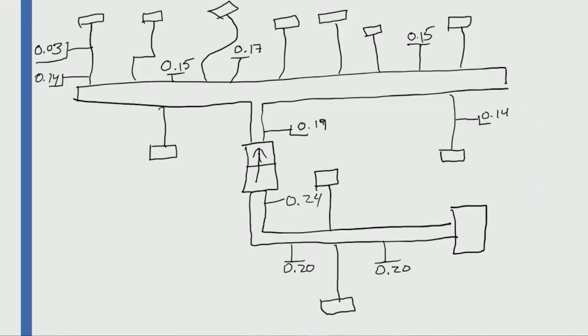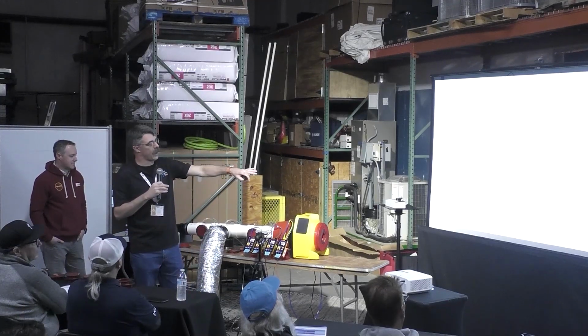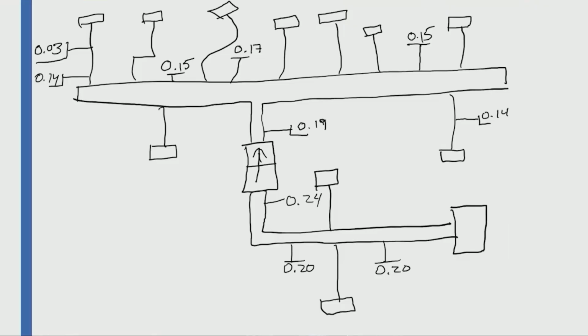The static pressure tells a story when you start writing numbers down and looking at them all together. And if you follow the airstream through, you can tell different things about where there are restrictions.